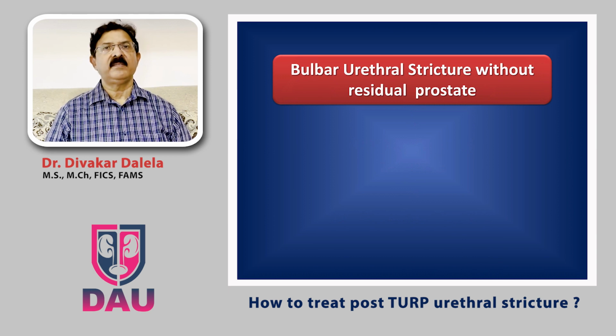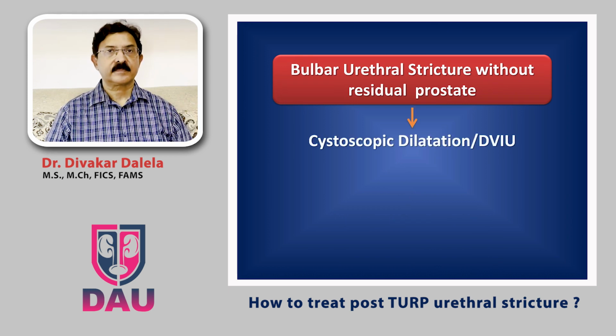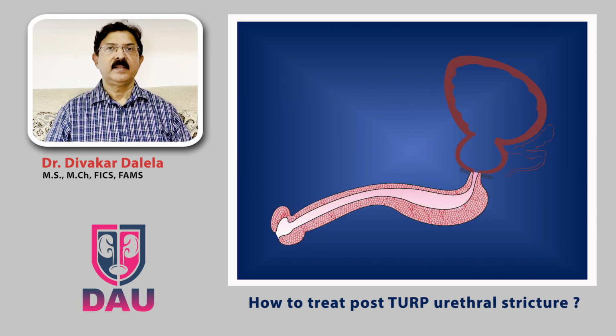But most patients have bulbar urethral stricture without residual prostate. So it's a normal, nicely done TURP, but a small stricture. These patients require cystoscopic dilatation or a DVIU. You can choose either of these two methods and then put the patient on a self-dilatation regimen.